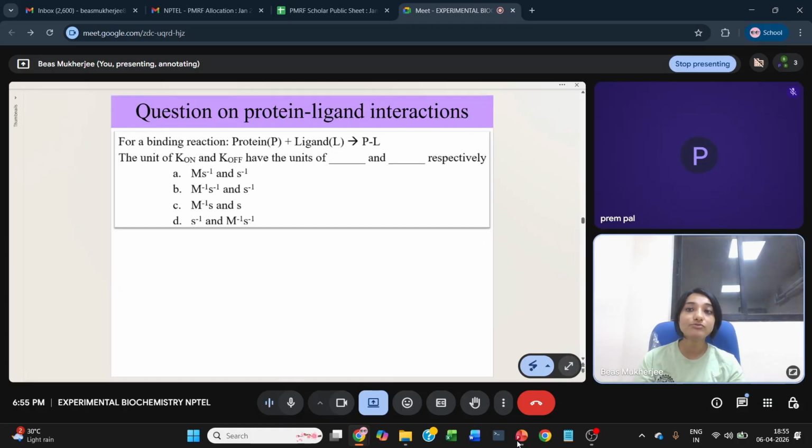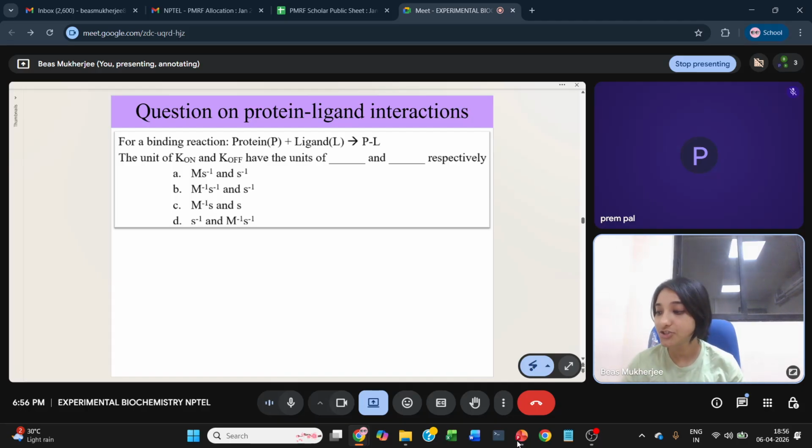Now let's try to solve a question. For a binding reaction, protein P plus ligand L forms the PL complex. The units of K on and K off are dash and dash respectively.